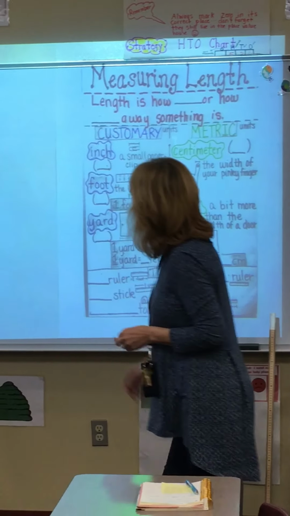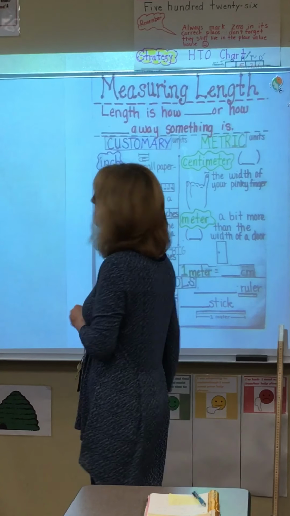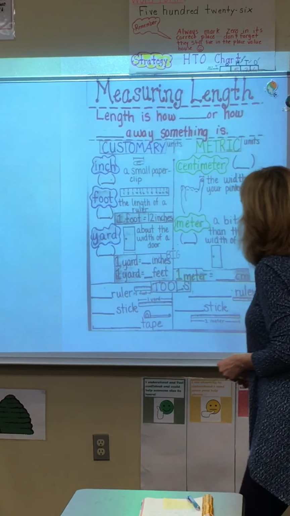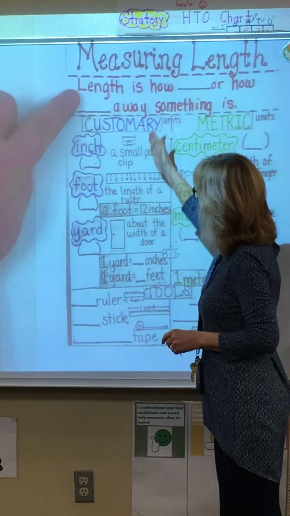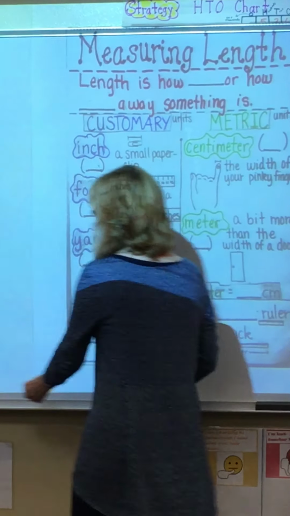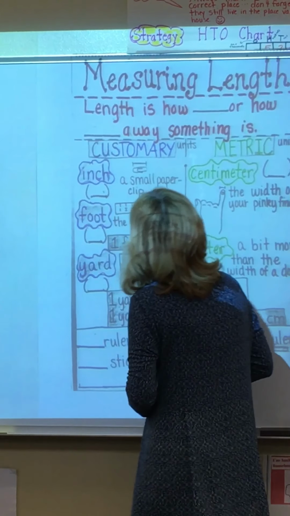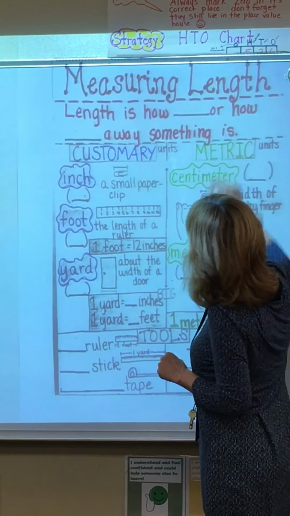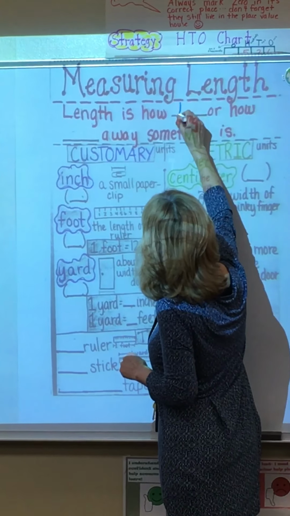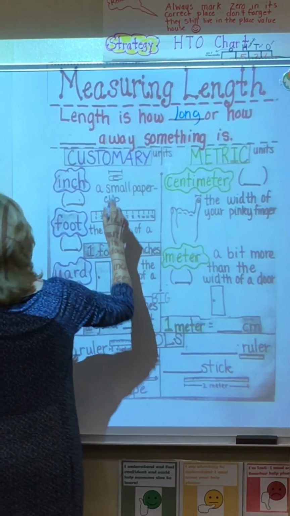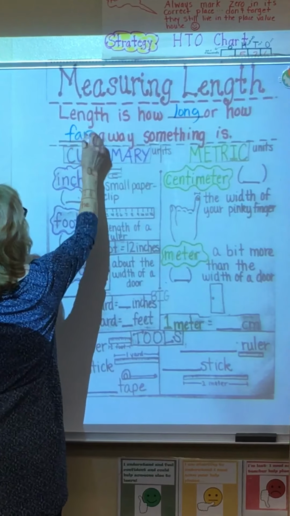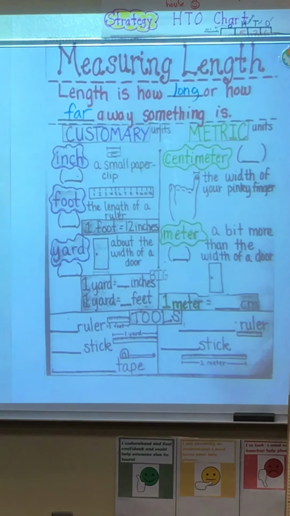Okay, so we are going to be learning about two separate measurement systems. We have the customary and the metric, and I'm going to go over the customary. Our first topic is measuring length. Length is how long or how far away something is.